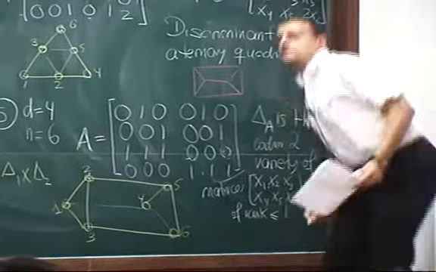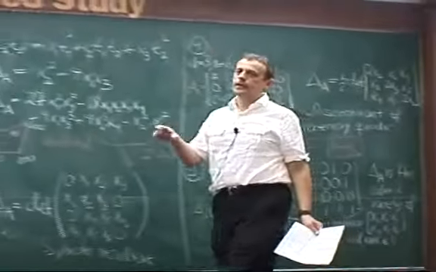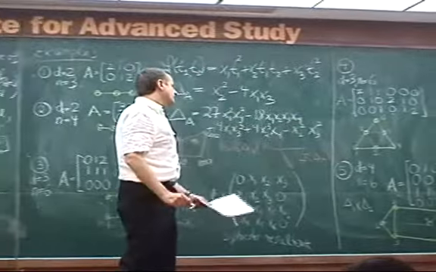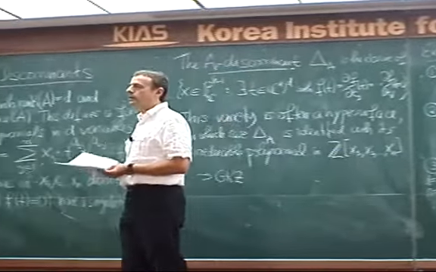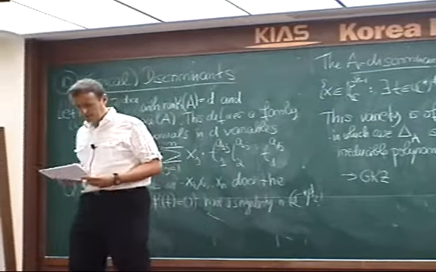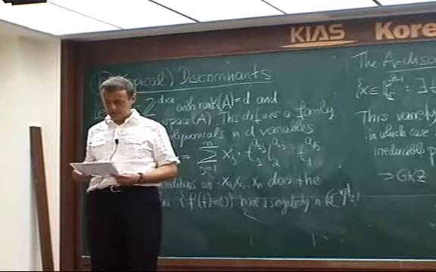Okay? So these are singular 2 by 3 matrices of rank 1. So here's an example of a discriminant that's not a hypersurface. Okay, so that can happen.